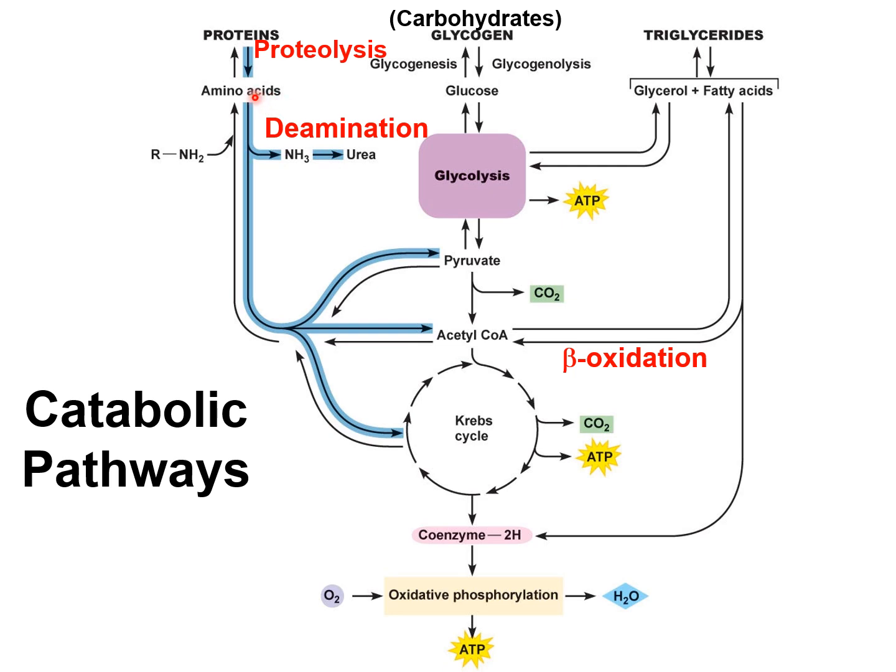So removing the amino group is called deamination. And then we take the amino group and turn that into urea, which is a waste product, and we get rid of that. And then what's left of the carbon skeleton of the amino acid, we can just feed that in at various points of the aerobic respiration pathway and make ATP from that.